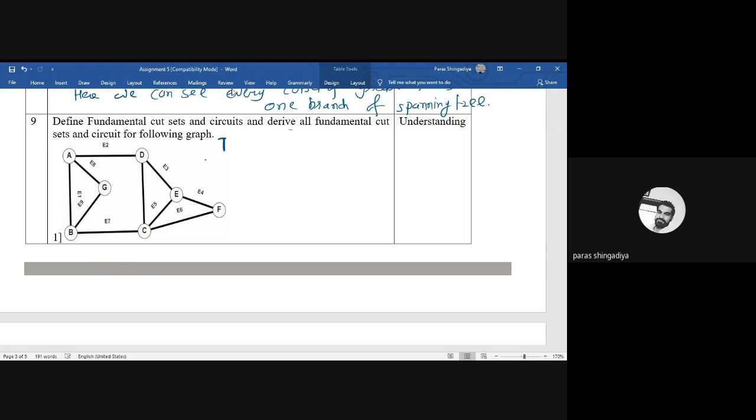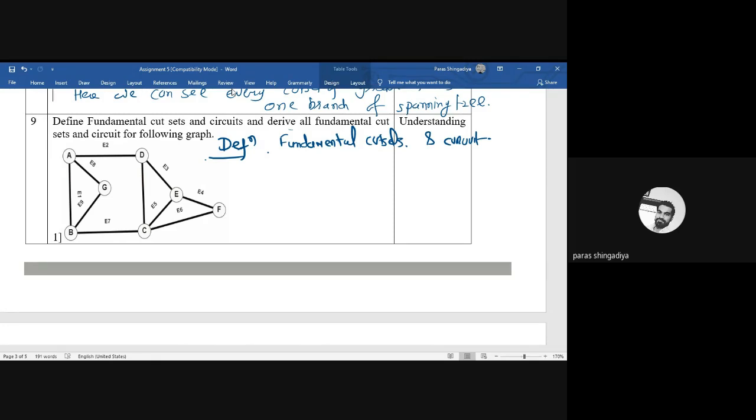Yes, what is the definition of fundamental cut set? Rajvi, can you explain what is the definition of fundamental cut set?